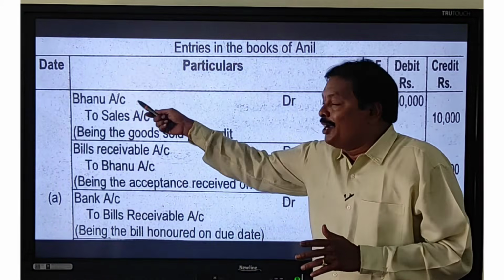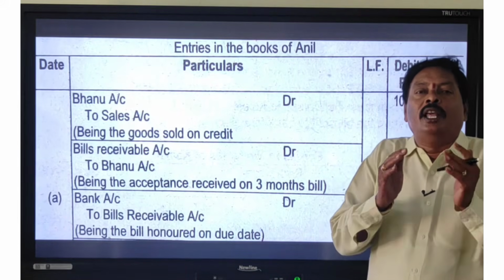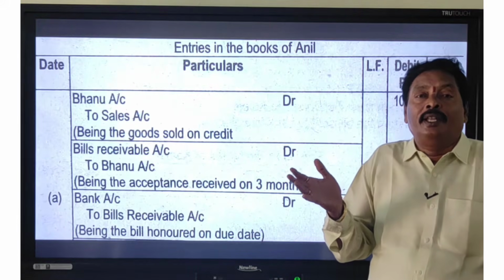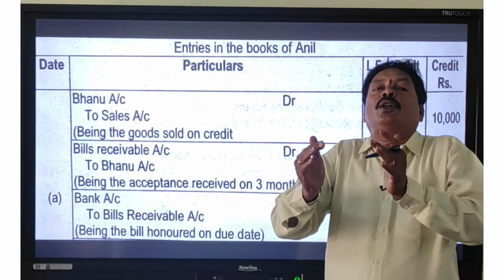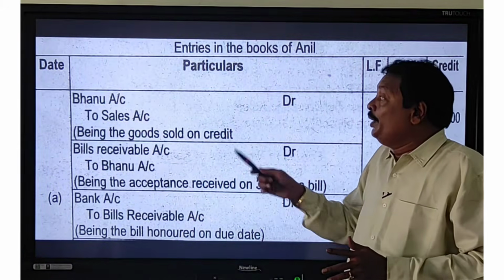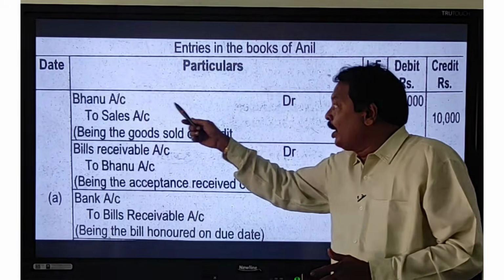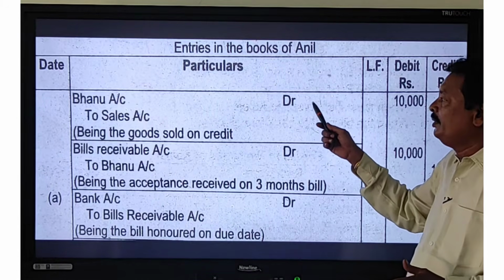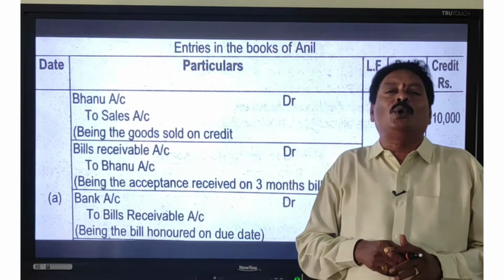Banu is a personal account. As per the personal account rule, debit the receiver. Here in this transaction, 10,000 worth of goods were received by Banu. So we have to debit Banu, who received the goods. That's why Banu account debtor to sales account.